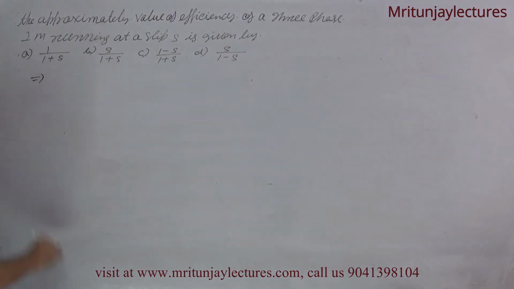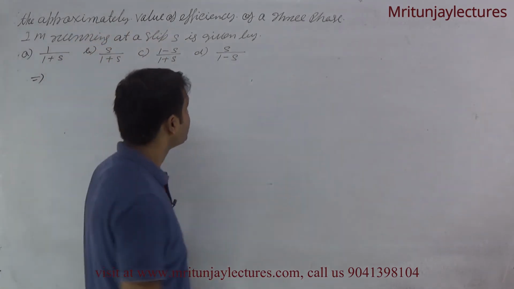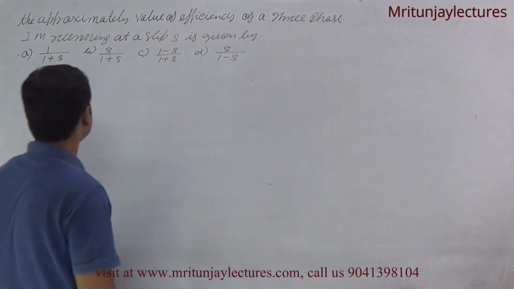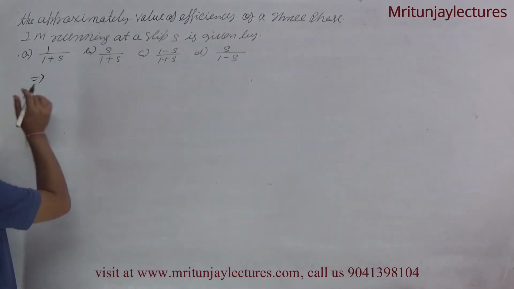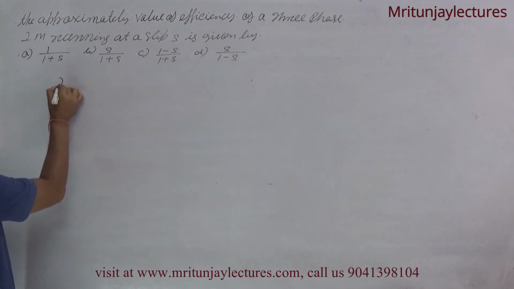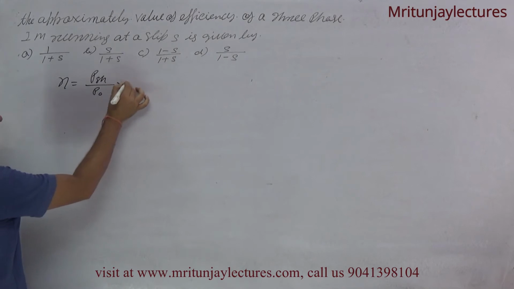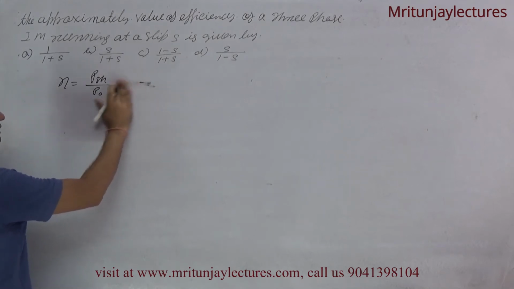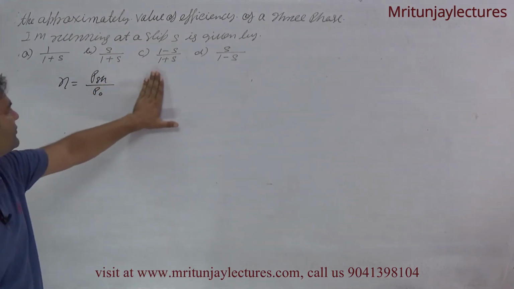Now the corresponding question: the approximate value of efficiency of a three-phase induction motor running at a slip S is given. First of all, you know that efficiency is defined as P_SH divided by P input in an induction motor, but we have only efficiency, not percentage efficiency, so it is written like this.